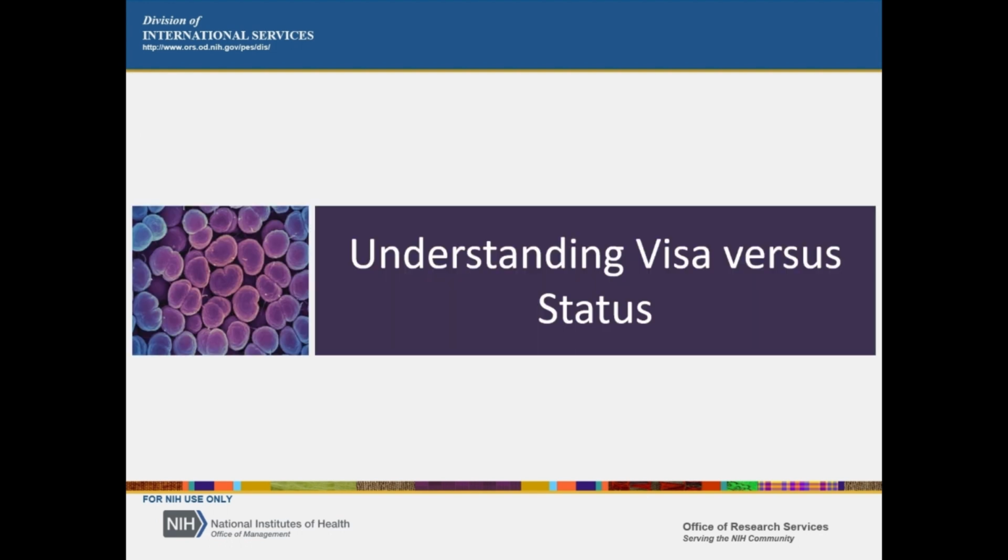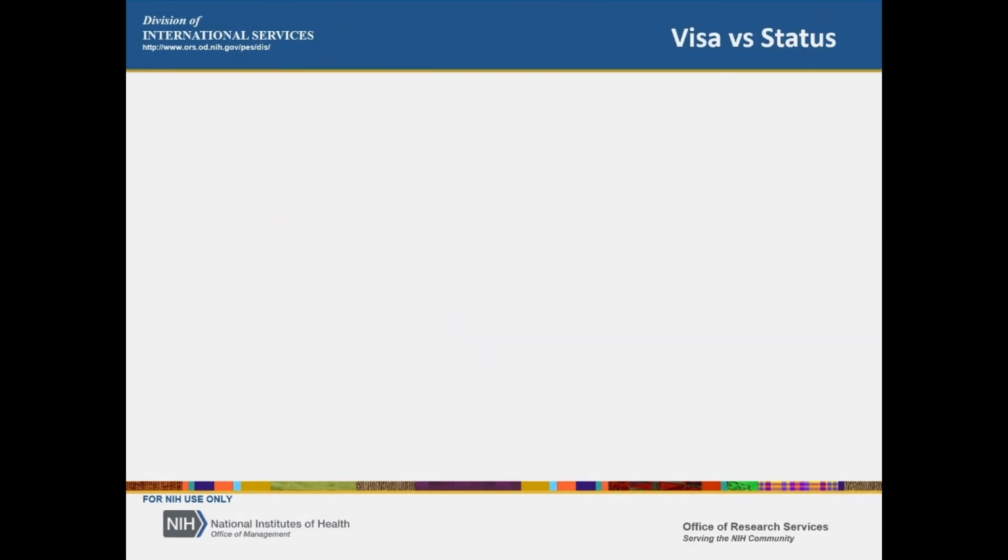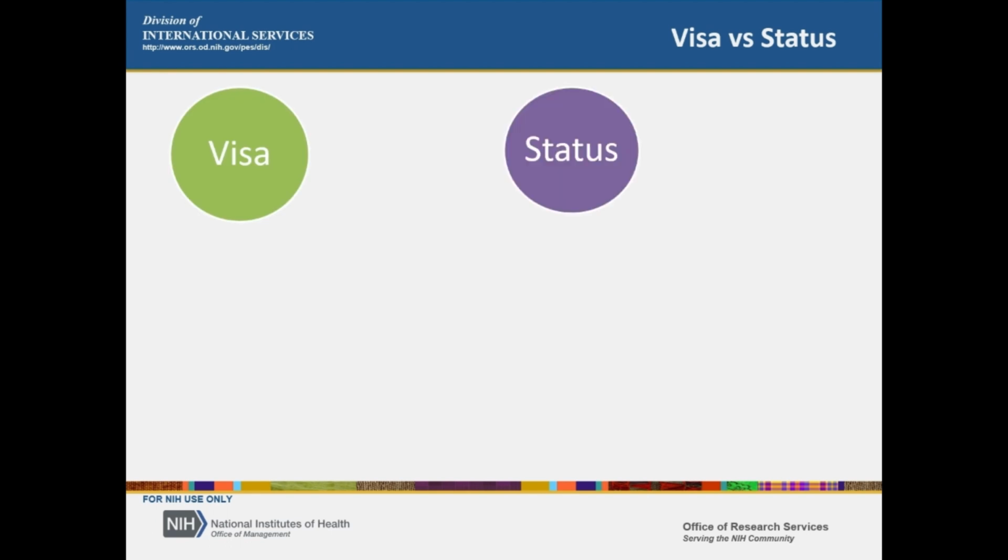Understanding visa versus status. Is having a valid visa the same as having valid immigration status? No. People often use the terms visa and status interchangeably, but they are different things.